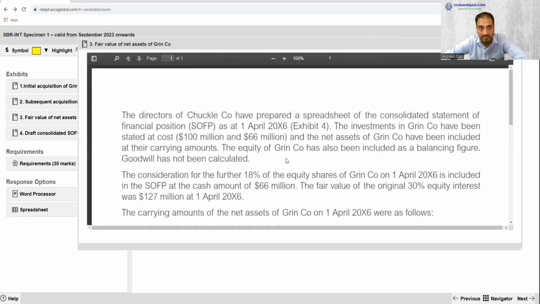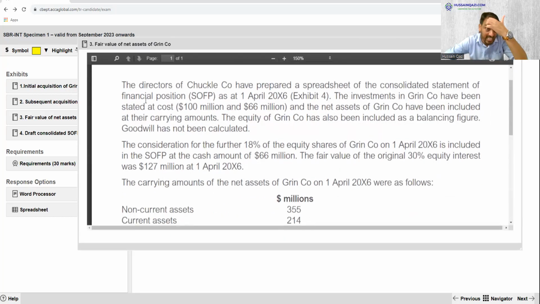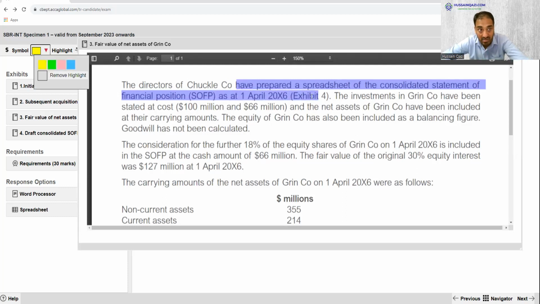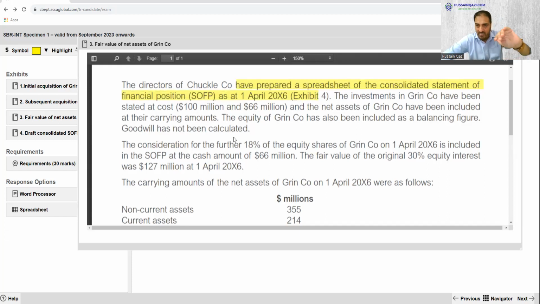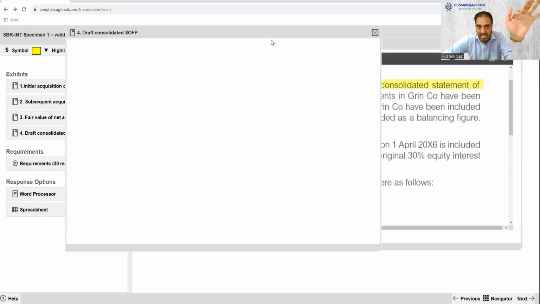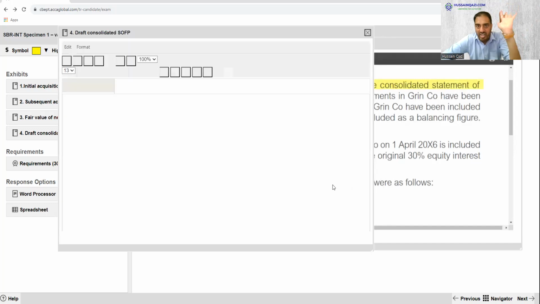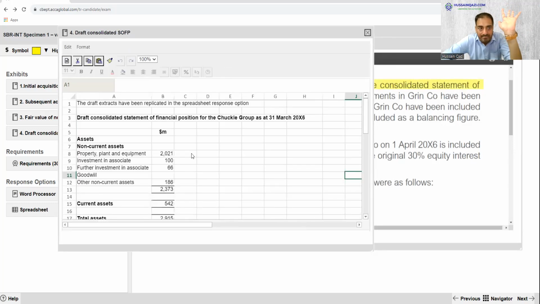another important point: the directors of Chuckle company have prepared a spreadsheet of the consolidated balance sheet at 1st April X6. They have already prepared the consolidated balance sheet. What I suggest is you refer to this spreadsheet now.